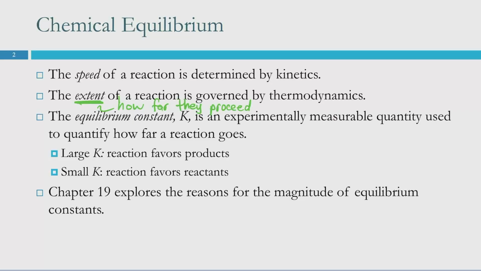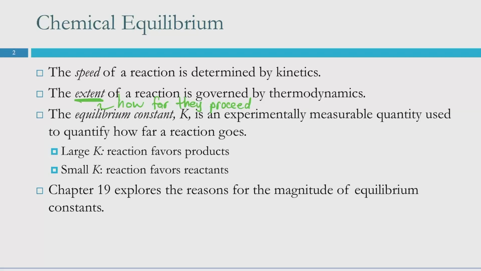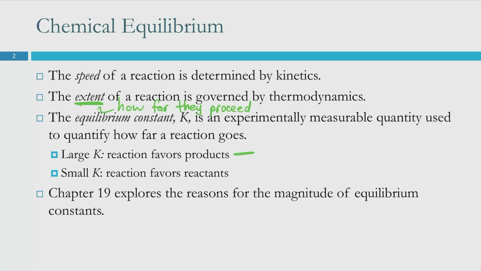You hopefully remember a little bit about the equilibrium constant, but some key points are that if we have a large K, a large equilibrium constant, the reaction is going to favor products. So we will have more product than reactant. And the opposite is true if we have a small K. Small and large here are referring to things that are much, much larger than 1 and much, much smaller than 1.